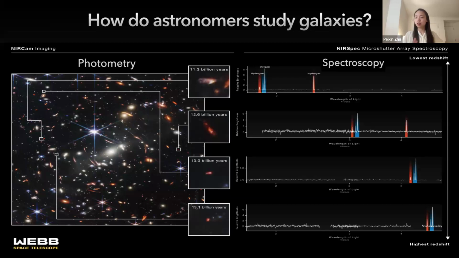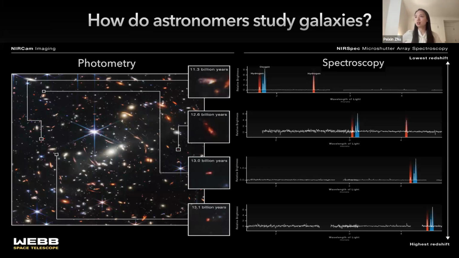So you just need to match the observed wavelength to the vacuum wavelength, and the difference in the wavelengths reflects the redshifts of these galaxies. And by studying the value of redshift, you'll be able to calculate the look-back time for these galaxies, or say when they are observed in this image.